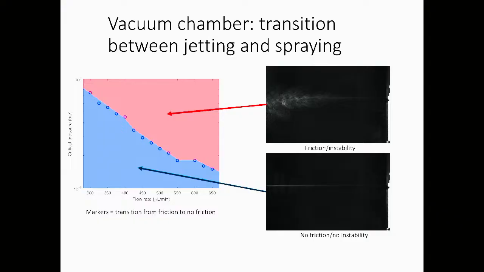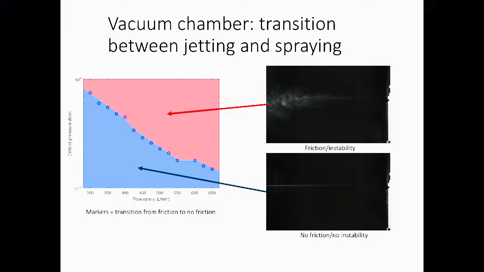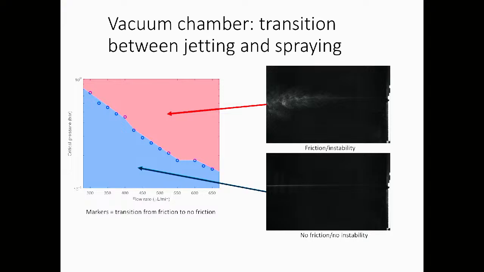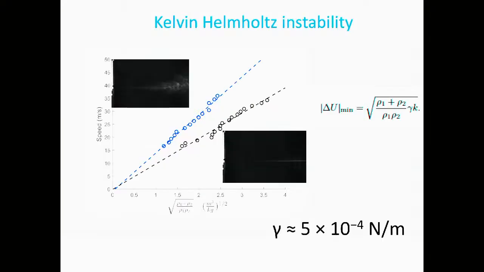Yeah, and so we did a lot of experiments where we had an easy criterion for distinguishing between just jets and a cone fanning out. And so we could delineate the boundary, and then you can compare to the Kelvin-Helmholtz instability.